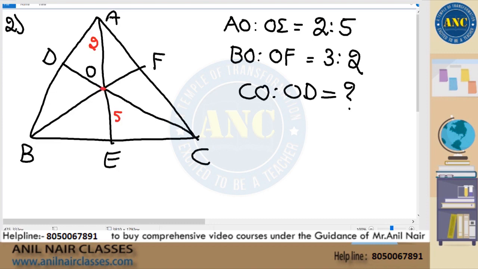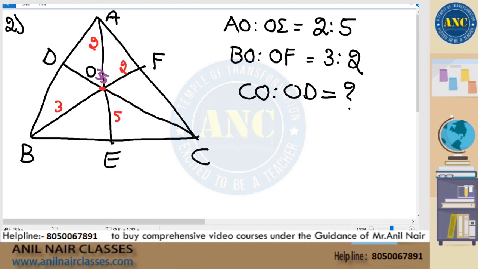BO is 3, OF is 2. That means BF is nothing but 3 plus 2, 5. So BF is a multiple of 5, AE is a multiple of 7. What is the common multiple of 5 and 7? Which is 35. So I will take it as 35.